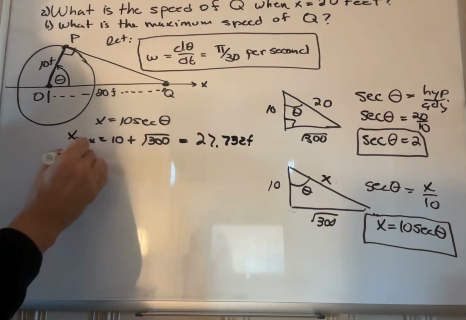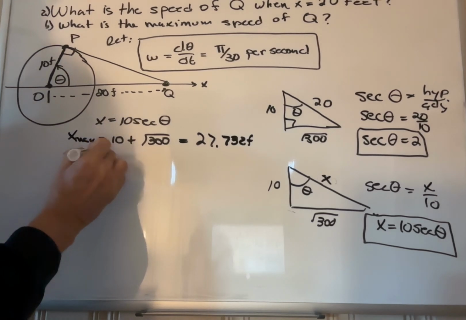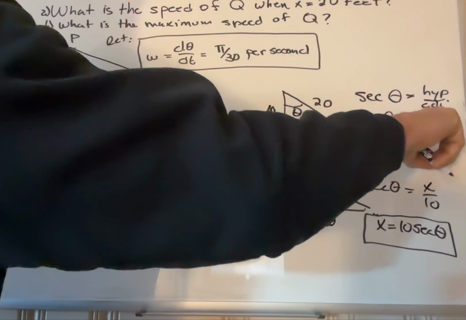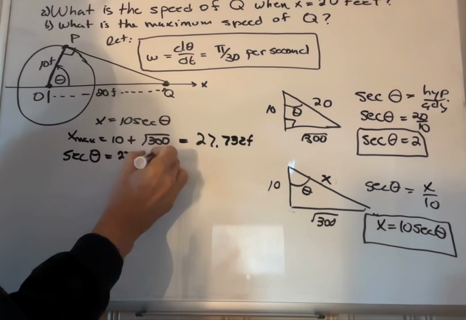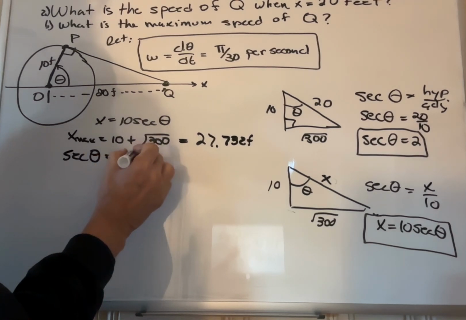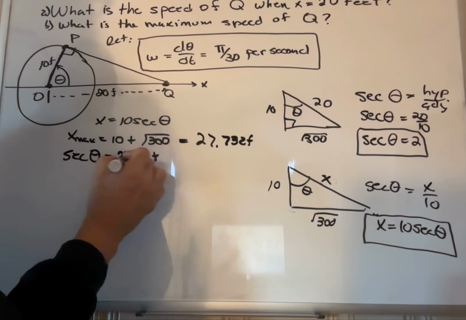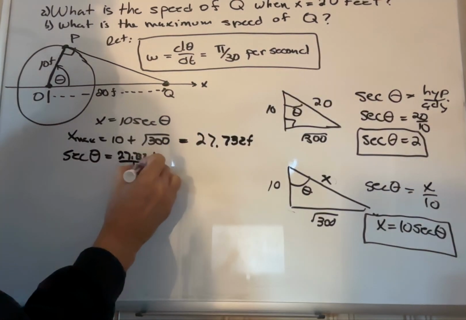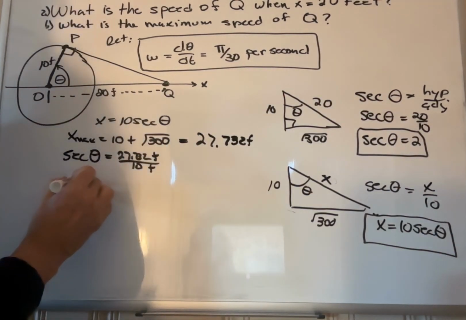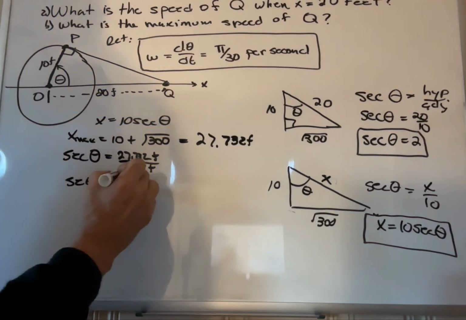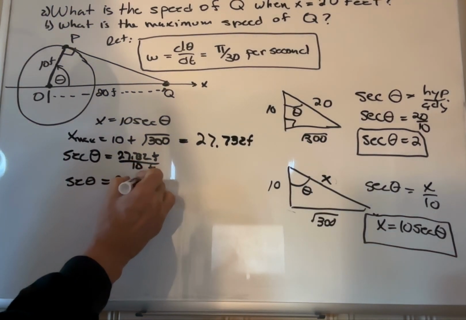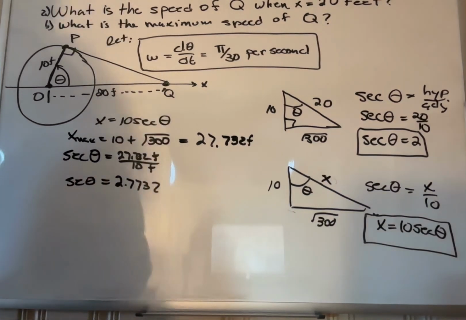So our secant theta now is not going to be 20 divided by 10, but 27.32 feet divided by 10 feet. And now our secant theta is going to be something like 2.732. I think that's what it comes out to be.